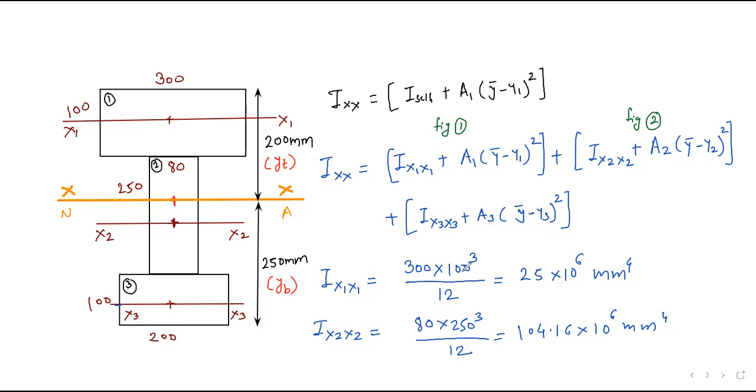For bottom flange, your dimension is 250 by 150, no? Check the answer for bottom flange once again. 250 by 150 is your bottom flange.